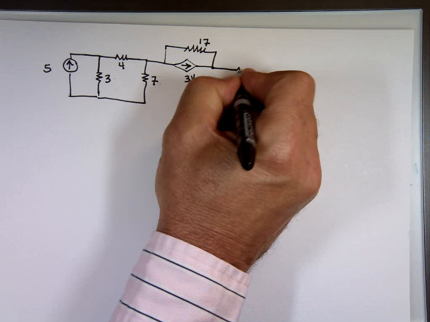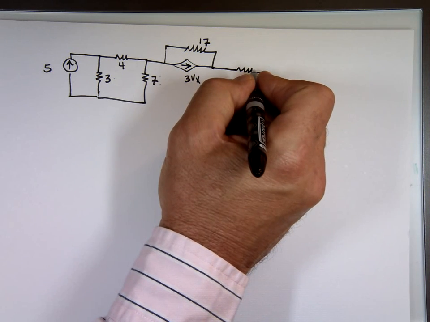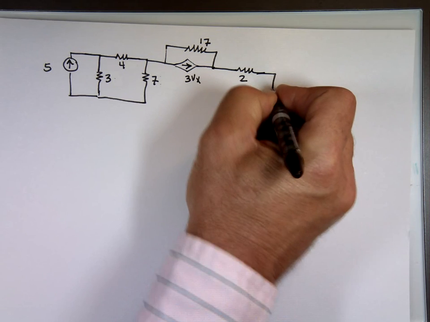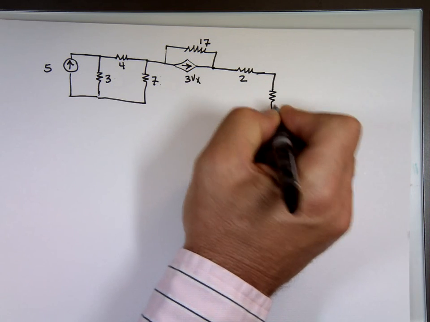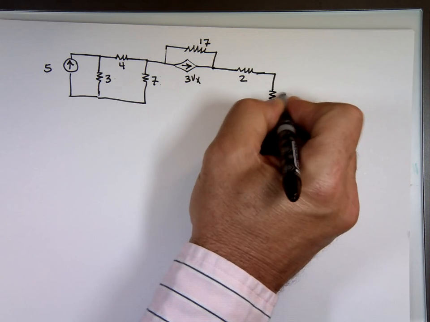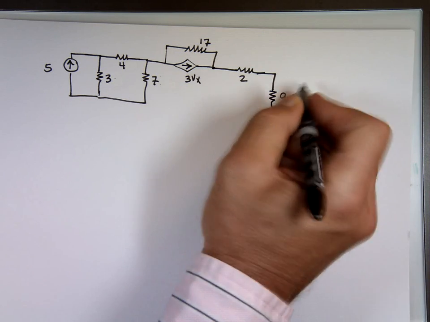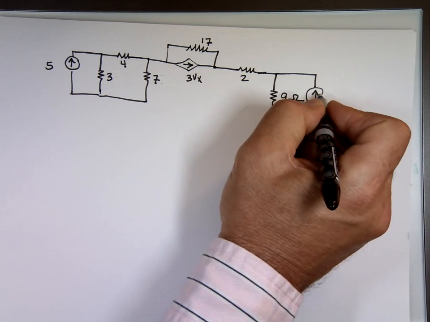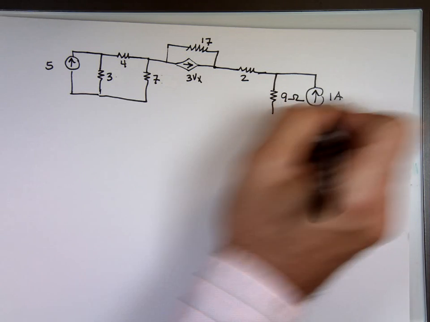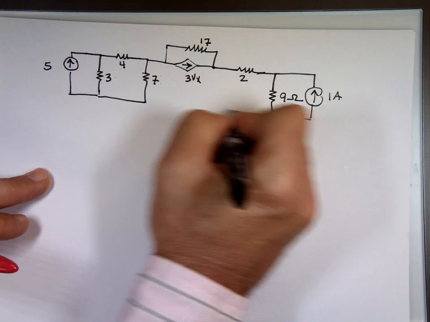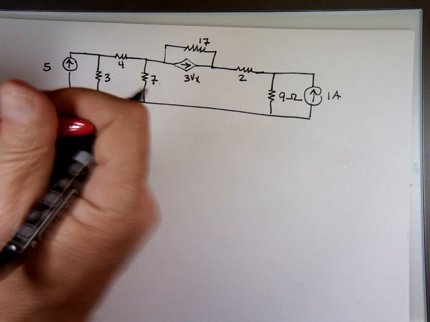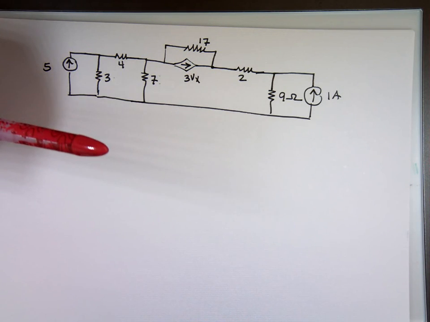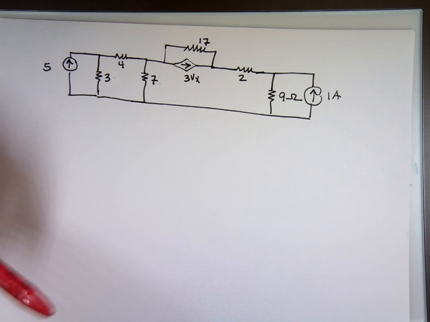We have 2 ohm. We have 9 ohm. And we have a current source here of 1 amp. And the question is: calculate the current through the 2 ohm resistor.